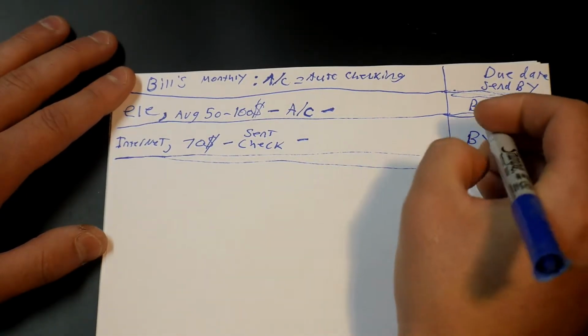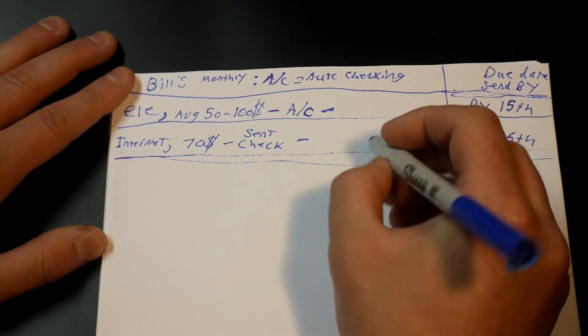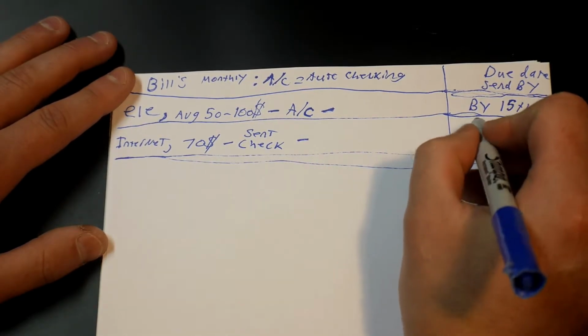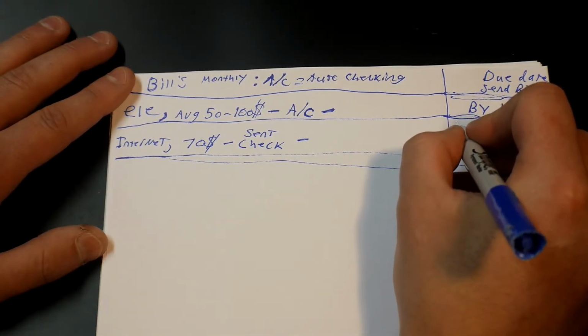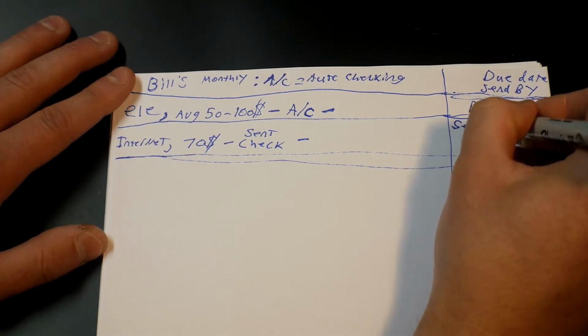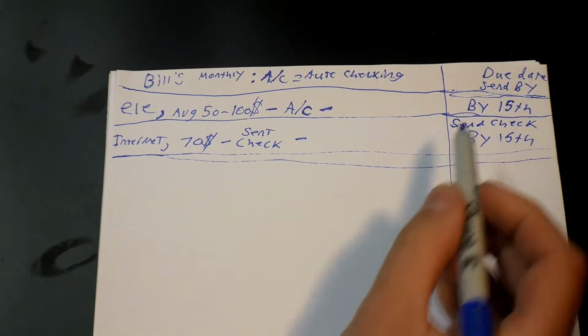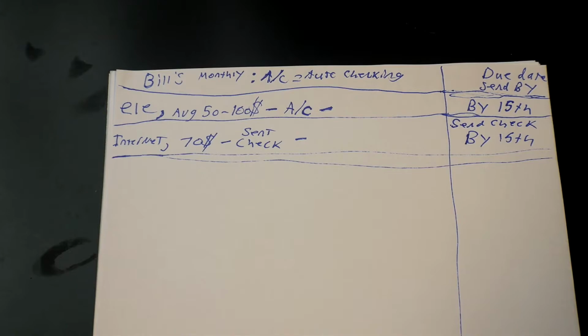So that means sending a check, and you need to send it by the 15th. And you also could put up here, send check by the 15th. That way you send it out on the 15th, and even though it's not due until the 20th, you've got 5 days for it to get to where it's supposed to go, and in most cases it will get there.